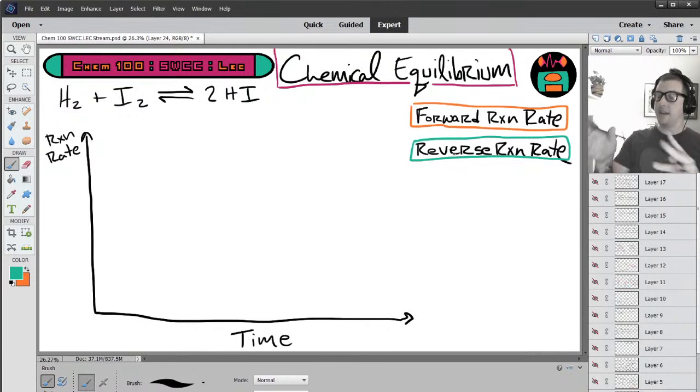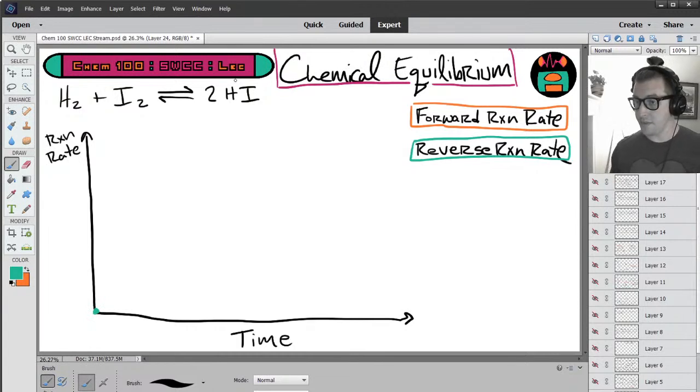Now, I want you to think of the rates of these two reactions. The second you mix your reactants together, that split second, H2 and I2 are mixed, but they haven't yet had a chance to react. At time zero, the concentration of HI is zero.